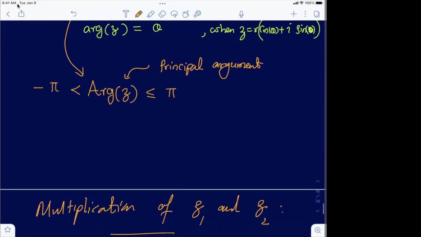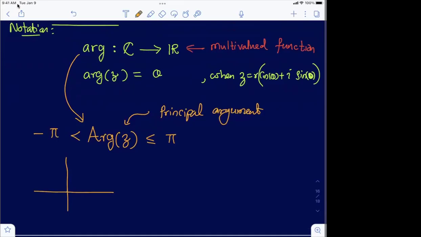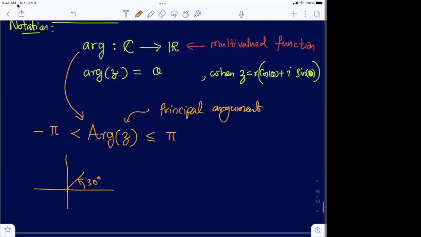So in simple terms, you're trying to recognize this quantity between two values. If you consider a 30-degree angle, for convenience, I will talk about this in terms of degrees. And if you consider one complete round, you're going to get 360 plus 30.